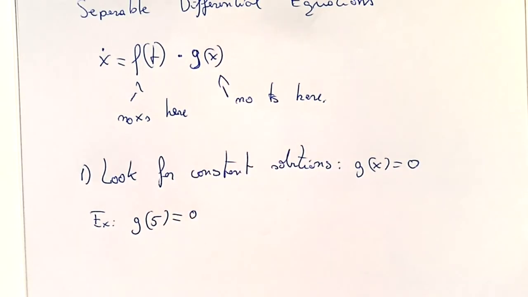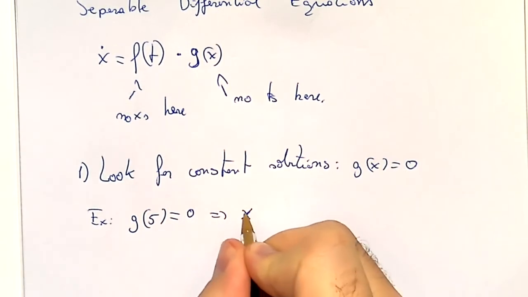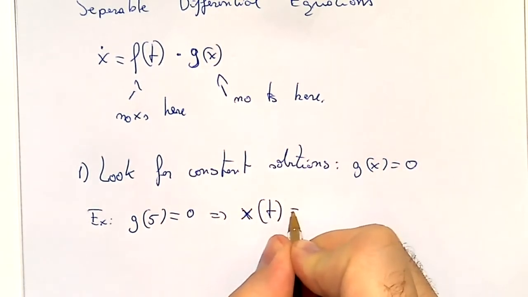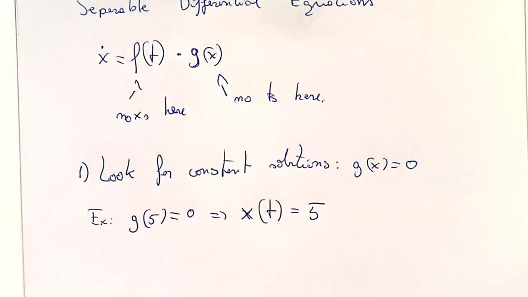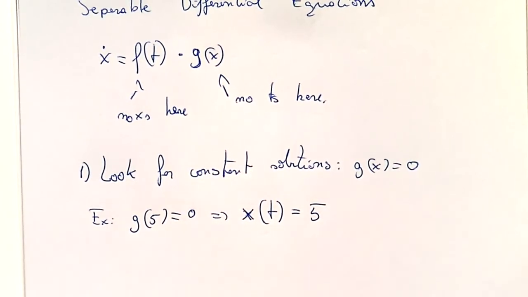This means that x, the function x for all t's, is equal to 5. Remember, you are supposed to find x. If you find a constant number such that g(x) is 0, g(5) is 0, then the function x for all values of t is just 5. It's just a constant function equal to 5.